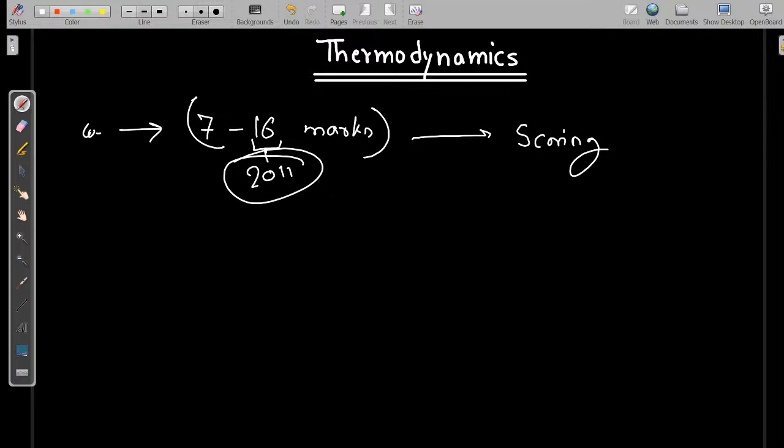In this class, we will start from the very basics and build our concept so that we can solve all the questions related to competitive exams, not only GATE. In class I will also solve some numerical problems, previous year GATE questions, ESE questions, and others.